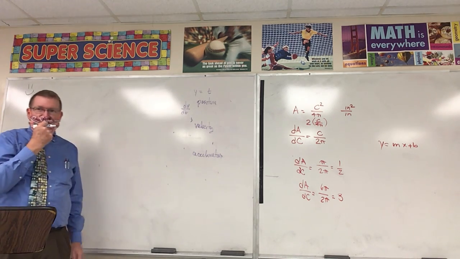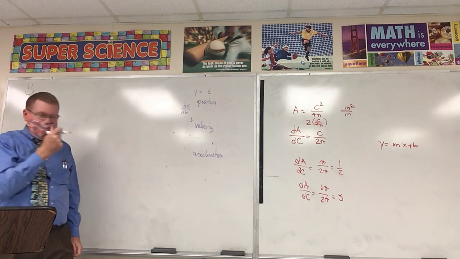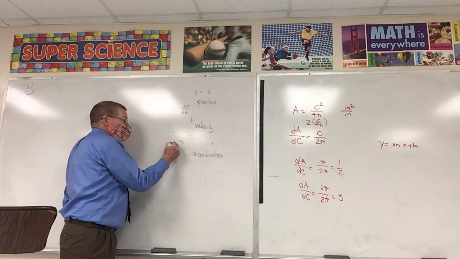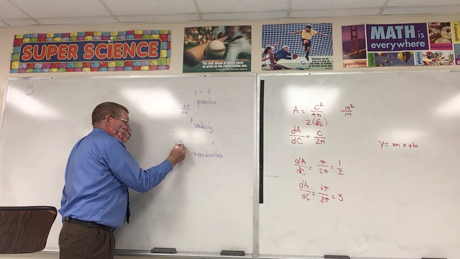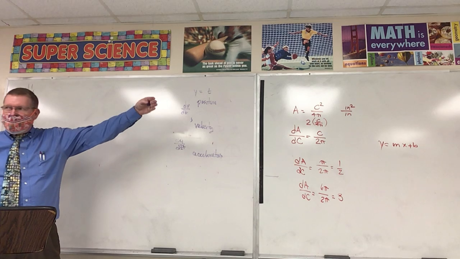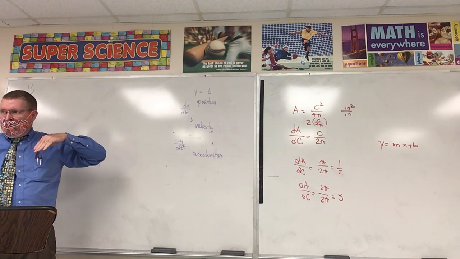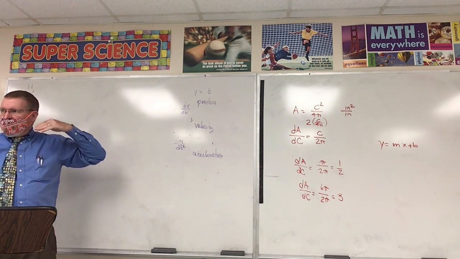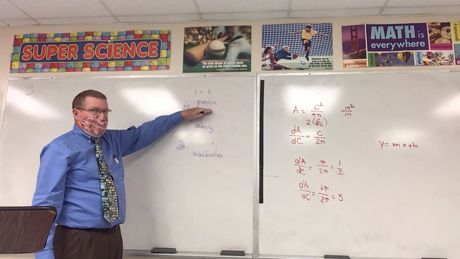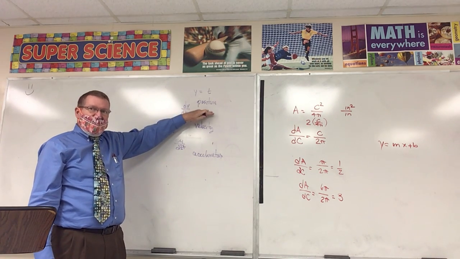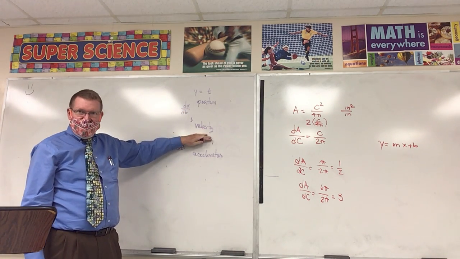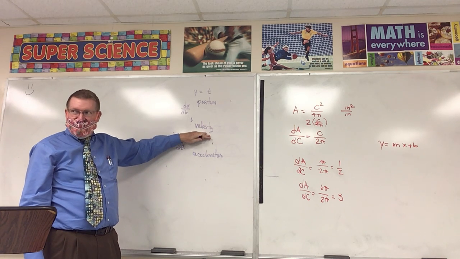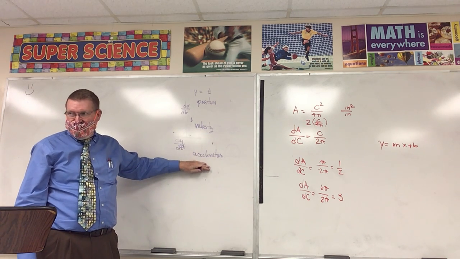If I take the derivative of my velocity, that's dy over dt squared. Distance over time squared is acceleration. So if I have a position equation and take the derivative, I get velocity. If I have a velocity equation and take the derivative, now I get acceleration.